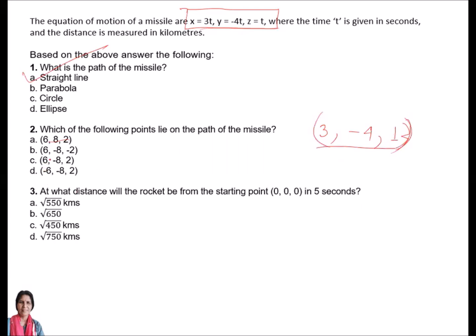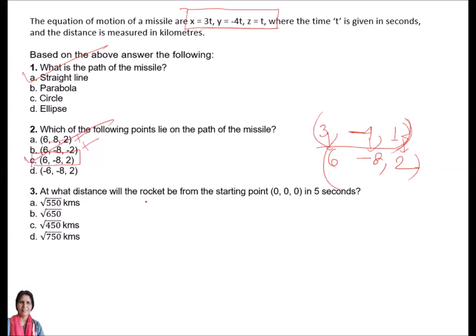So 6, minus 8, minus 2, no. 6, 8, 2, no, because y is negative. So 6, minus 8, 2 will be the answer. The multiple of 3, 2 times is 6, minus 4, 2 times is minus 8, 1 times is 2. So 6, minus 8, 2 is the answer. C is the answer of this question.